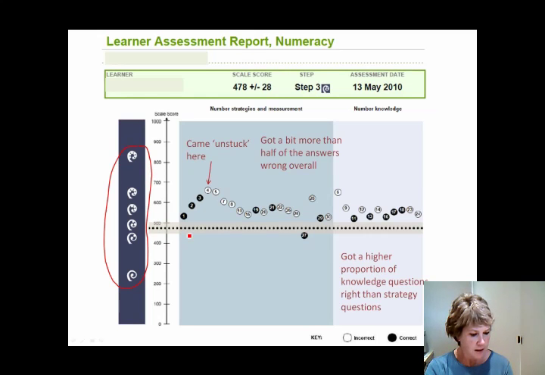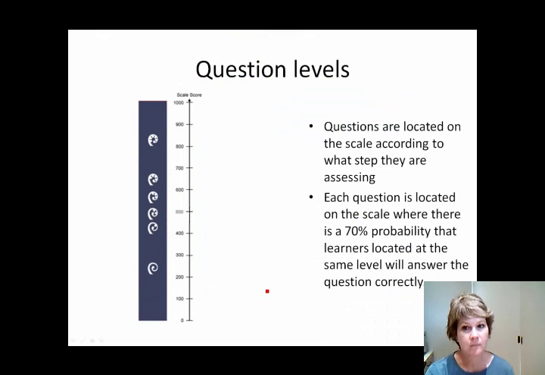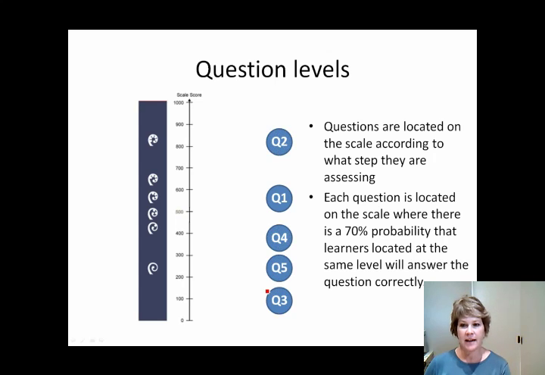Right, so the questions, you'll notice, are shown in relation to these vertical scales. So the questions on the assessment are related to a step level, and the questions are located so that it's expected that somebody operating at a particular level will get about 70% of the questions right, or there's a 70% probability that they'll get a question at that level right.